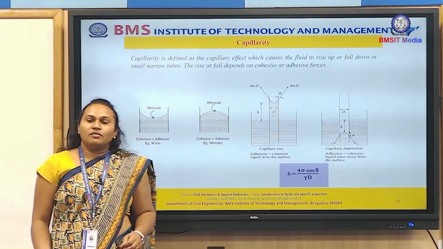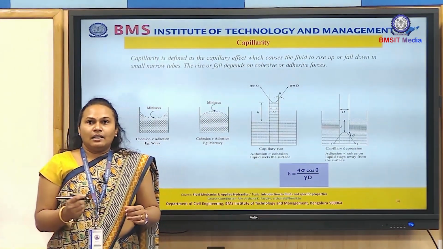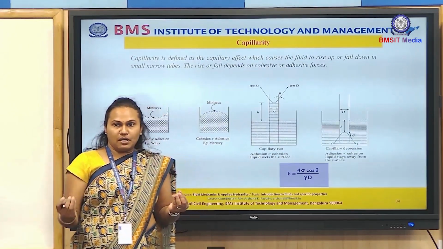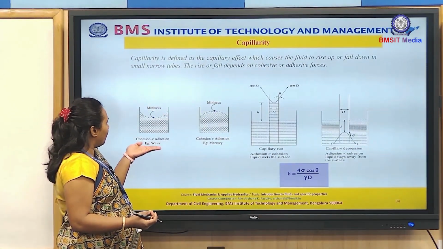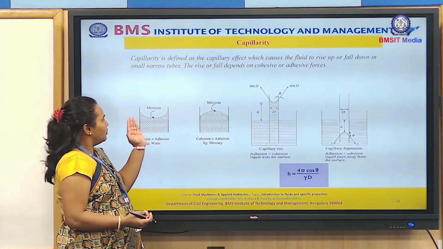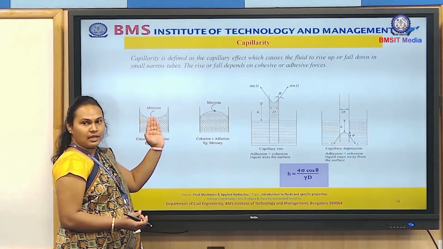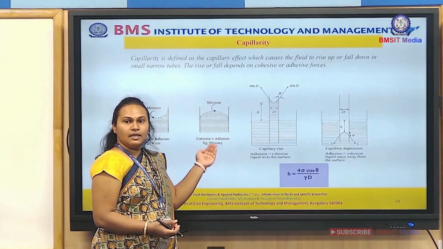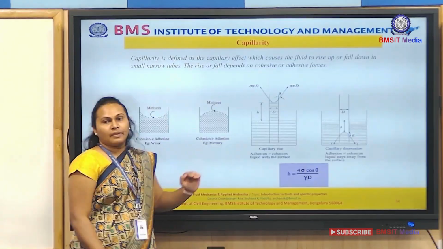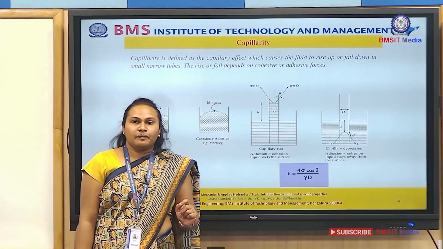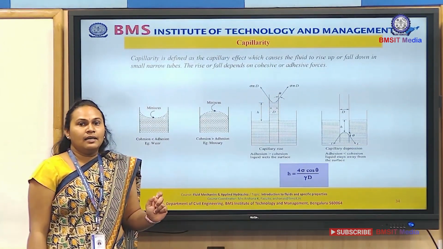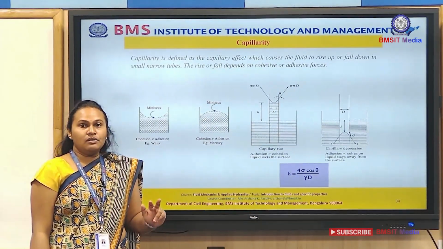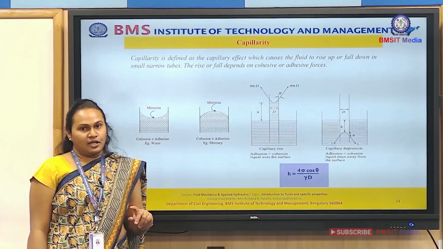The next property of the fluid is capillarity. Now all of you would have looked at the meniscus of water and mercury. The meniscus of water is a downward curve, while the meniscus of mercury, which is a denser fluid, is an upward curve. Now this is because of capillarity. As I had mentioned earlier, there are two properties of intermolecular attraction between any molecules. It is known as cohesion and adhesion.